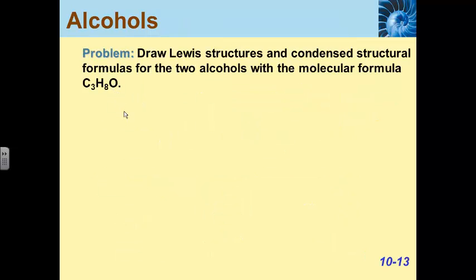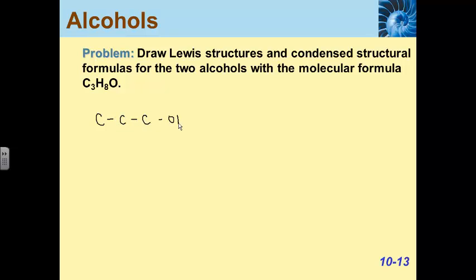Let's do a little practice here. It says we're going to draw a Lewis structure and condensed structural formulas for the 2 alcohols with the molecular formula C3H8O. So in other words, how can we arrange 3 carbons, 8 hydrogens, and 1 oxygen to come up with 2 possible structures for an alcohol? Well, the first thing that comes to mind is we're going to attach the 3 carbons straight.